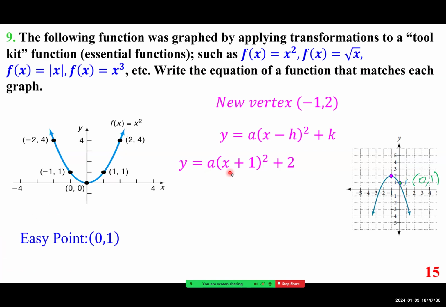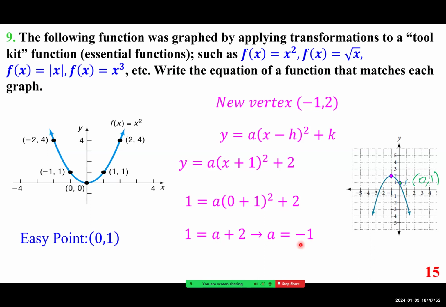Easy point is 0, 1. This is 1, square is 1, so this whole thing is a, and it becomes a plus 2 equals 1. So a must be negative 1.